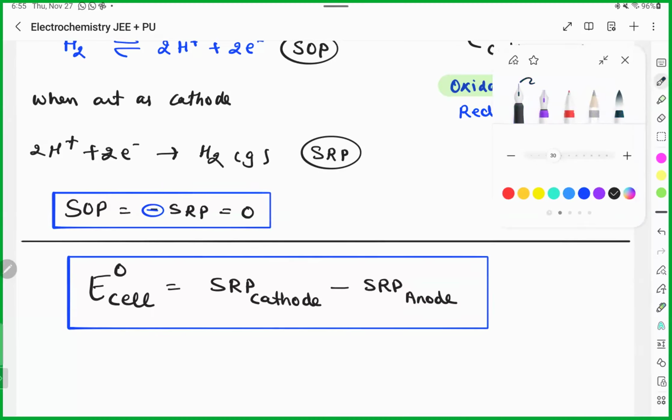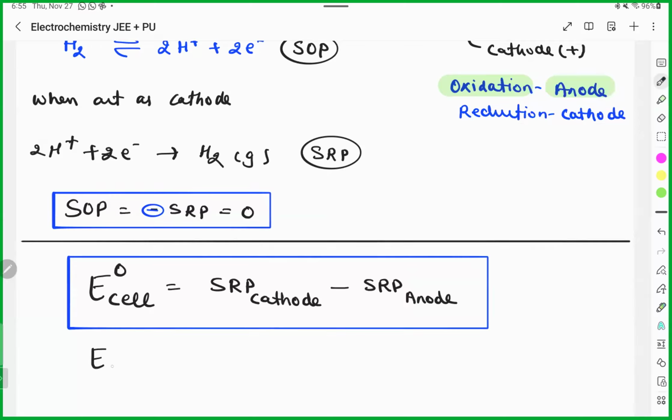Now tell me, Chinmay, if I am taking oxidation potential, how should I write this formula? If I write standard oxidation potential, what should be the formula?